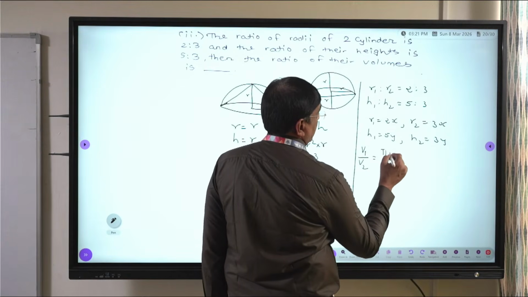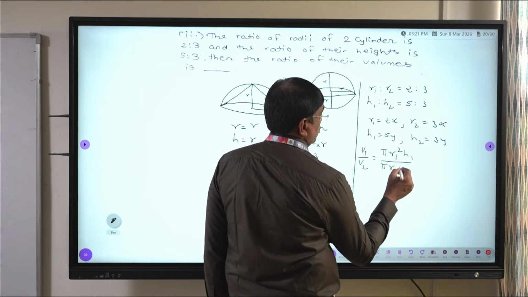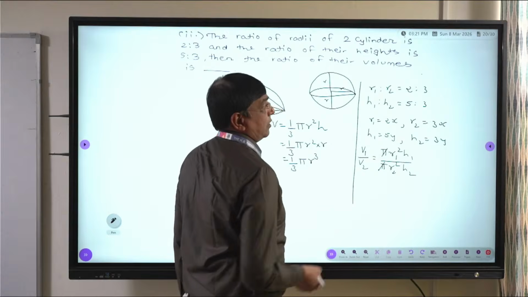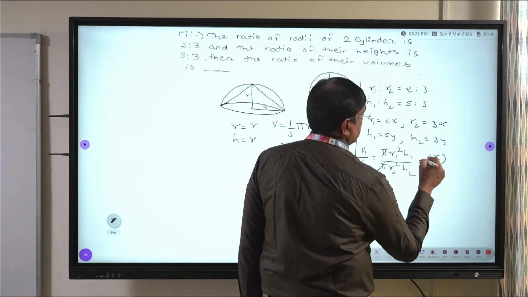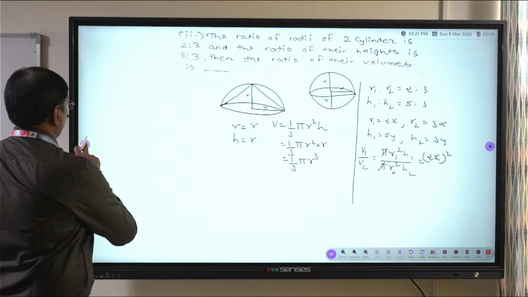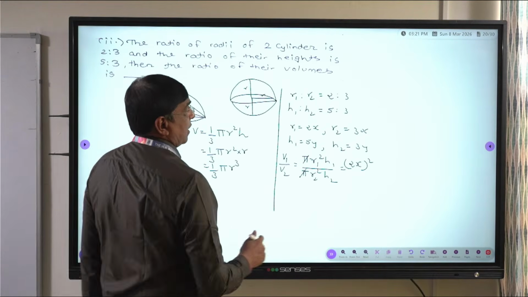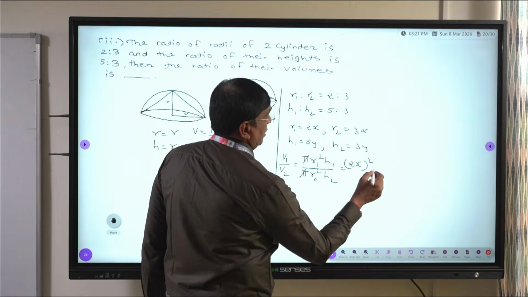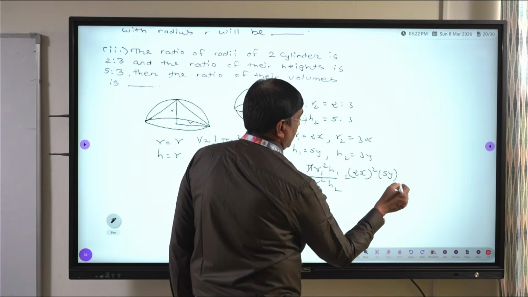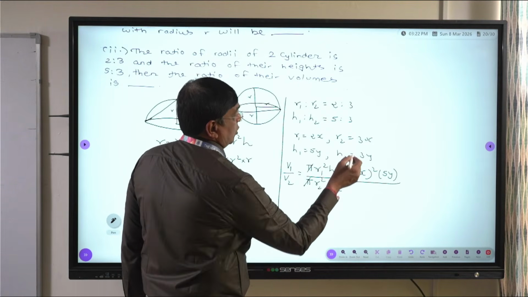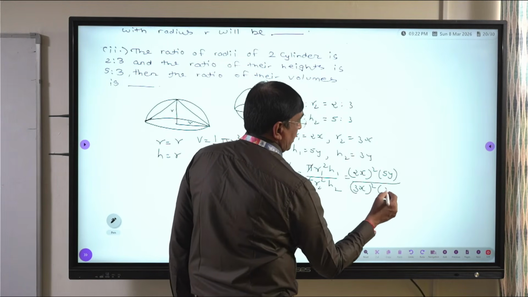So pi r1 square h1 upon pi r2 square h2, pi cut. r1 square is 2x the square, h1 is 5y, upon r2 is 3x the square into 3y.